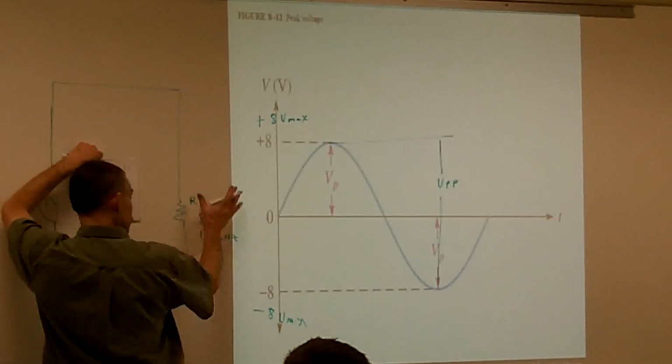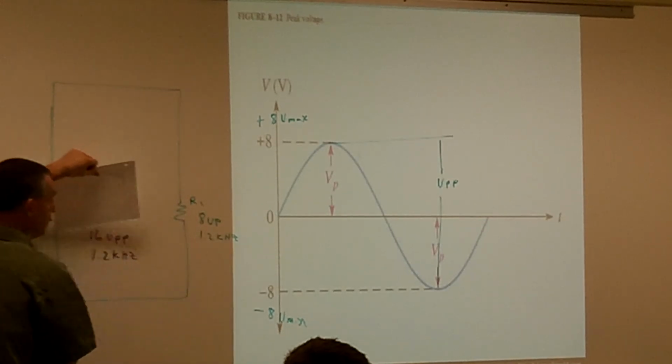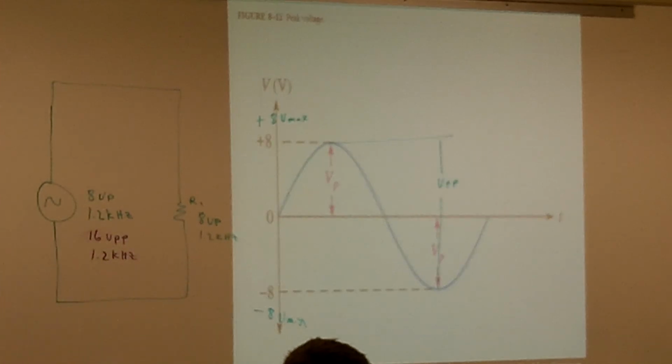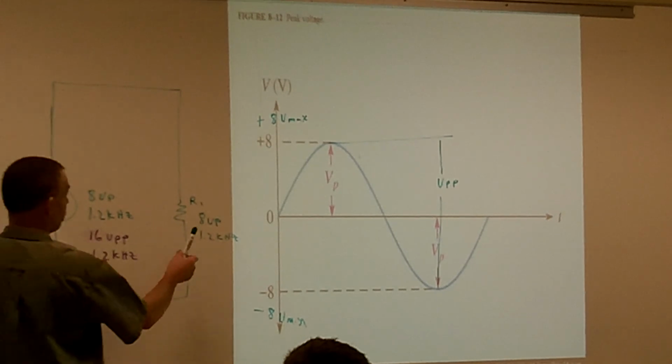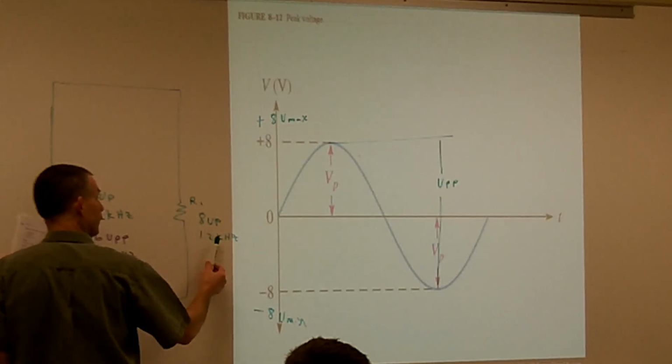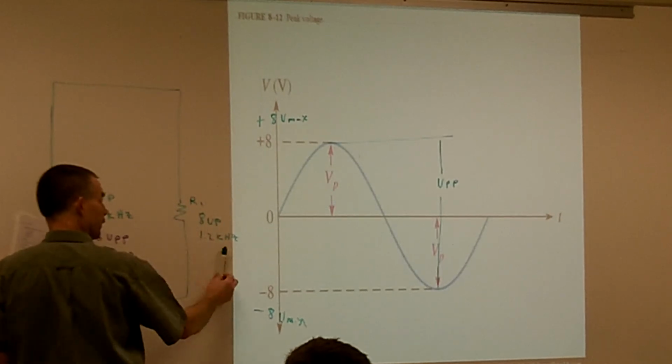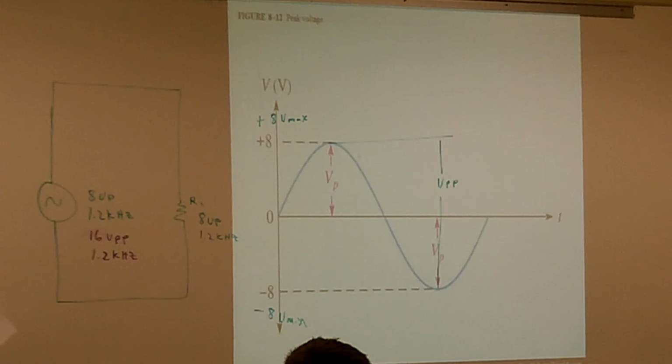Then I would want to calculate all my voltage drops using my peak to peak formula. And everything else stays the same too. My current would be calculated depending on what my resistor value is, and my current would also be in peak value. So you've got to make sure you keep all your units the same.